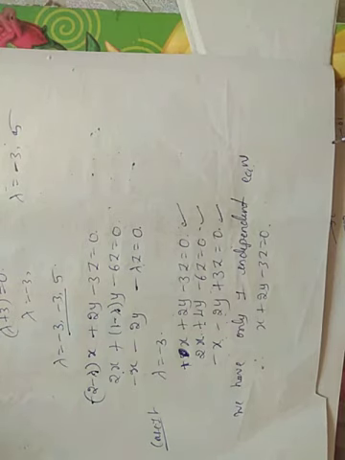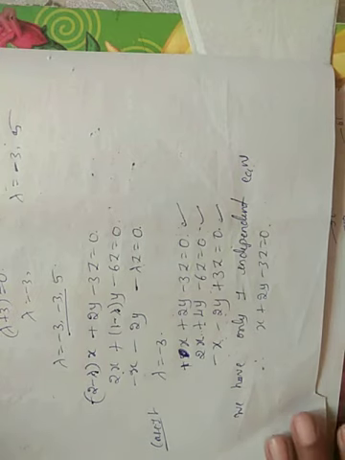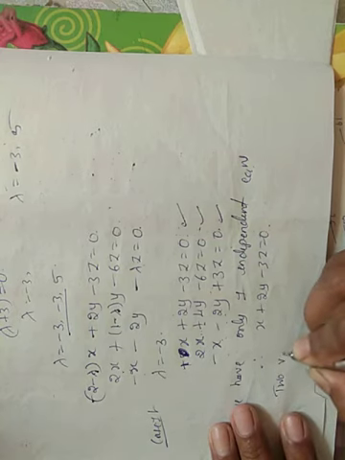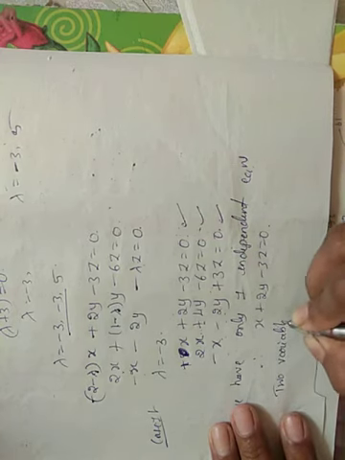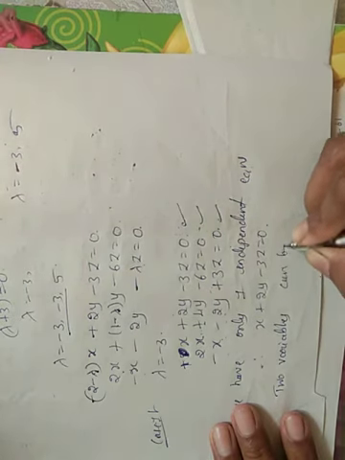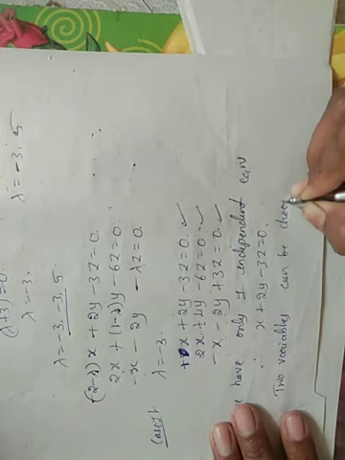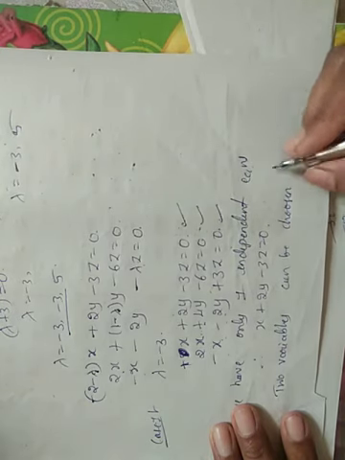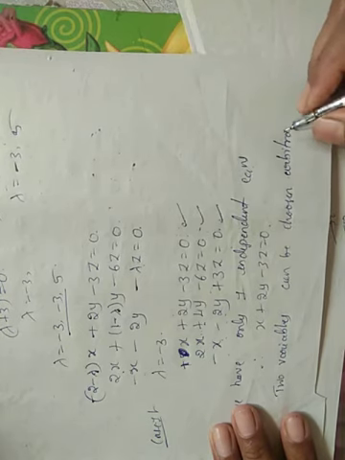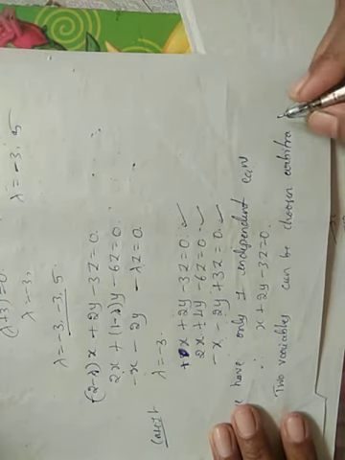If the rule of cross multiplication is not applied, we have to choose values arbitrarily. Two variables can be chosen arbitrarily.